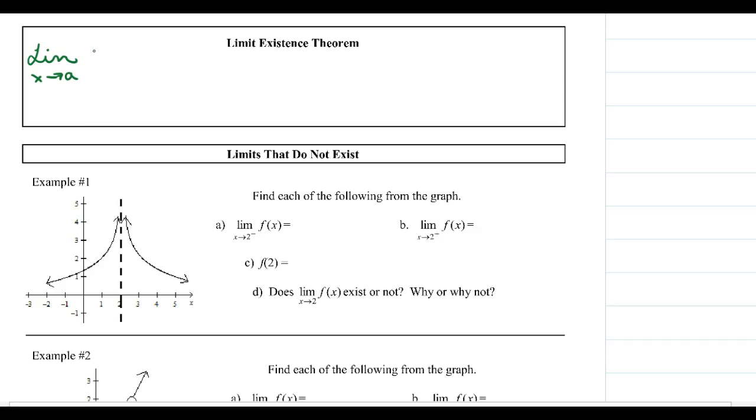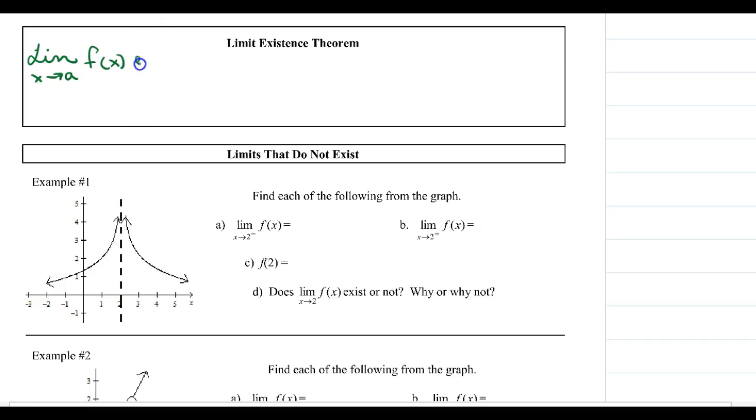And I like to use the word converges because it communicates the idea that for a limit, I need to be approaching from both sides, and both sides should be converging toward the same point for the limit to exist. And we're going to see that in the limit definition here.